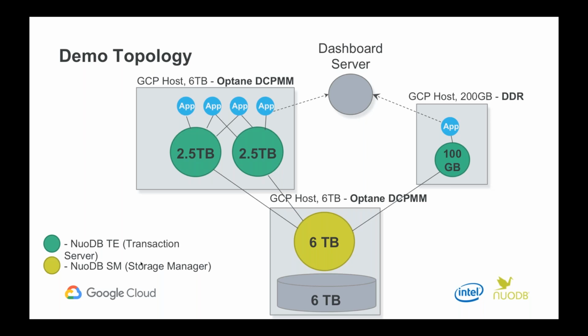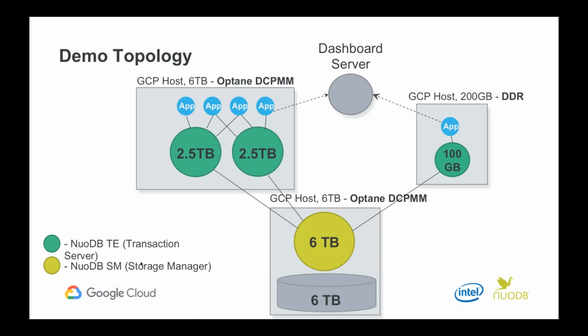And then on the right side, we have a much smaller host, which is 200 gigabytes with traditional memory, and it houses a much smaller database server, which only has 100 gigabytes of memory to service much smaller loads.